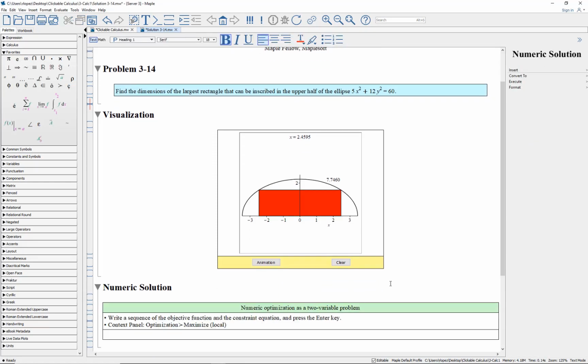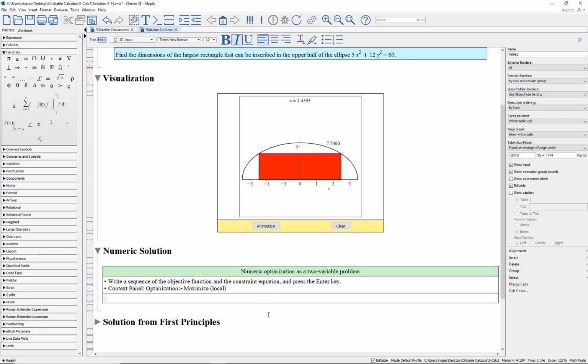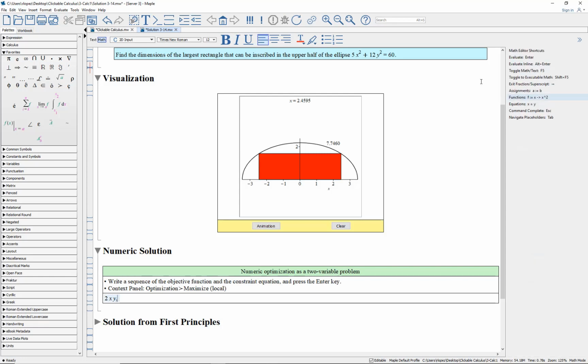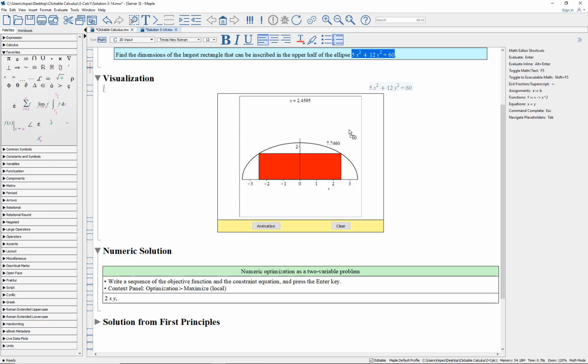We can get a numeric solution to the problem. We need the objective function, which is 2x, and then a space for implied multiplication with the y. The constraint equation, I'm just going to control drag that down.